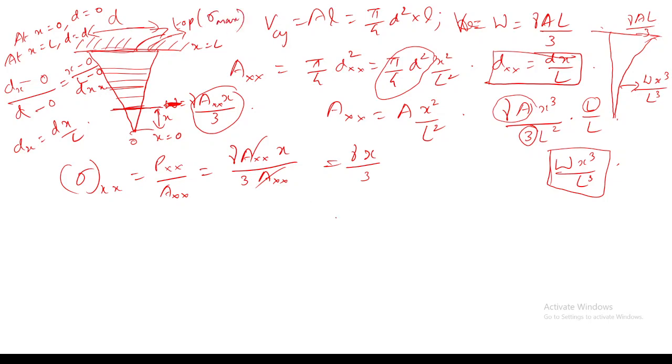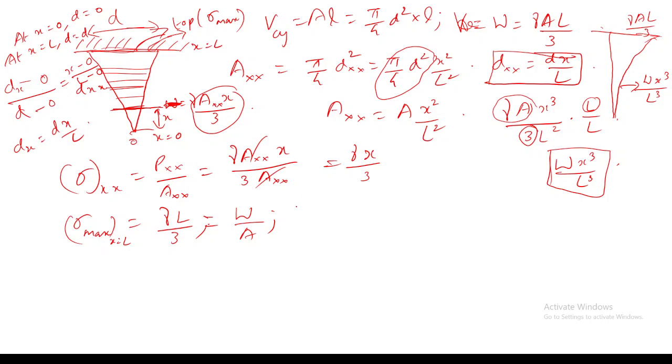So the maximum value of stress, what will it be? Gamma L by 3. Or we can rewrite this in terms of W also. If I rewrite in terms of W, it will be W by A, by multiplying and dividing by A.